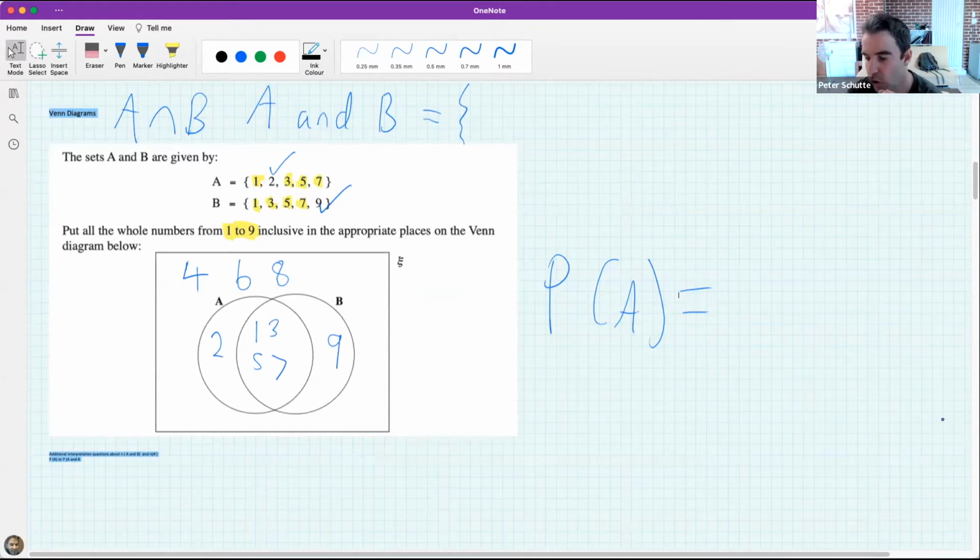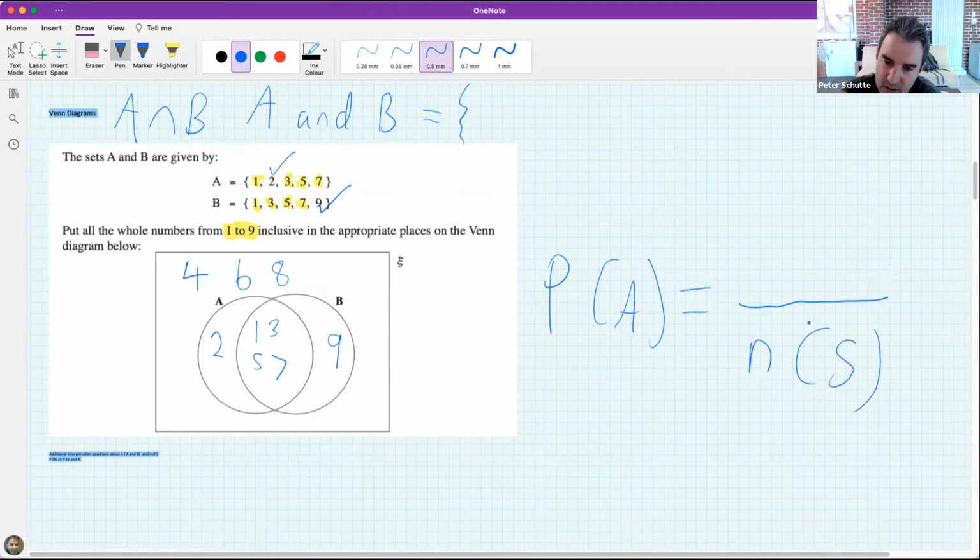Can you work out only, yeah, so what is the probability of only A occurring? And remember that formula that I said before. So how many items are there in the sample space? How many items are there in A?